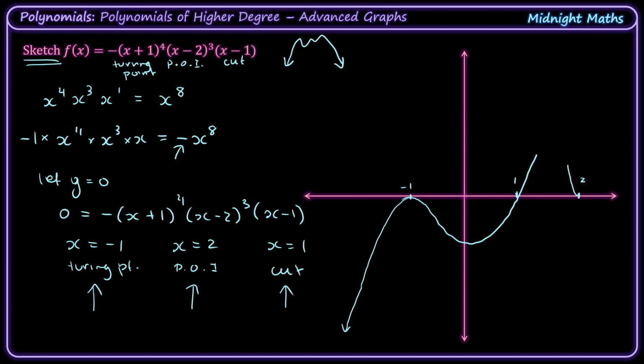So it might look like this, bit of a point of inflection, then I'll change the curvature, and then keep going down. And remember, I've got to end facing the same way as I started. That makes sense because we've done the correct behavior at each of the x-axis intercepts, and now I can see I'm facing in the right direction, which makes sense for an even-powered polynomial.